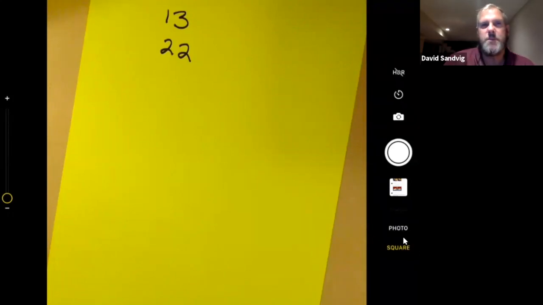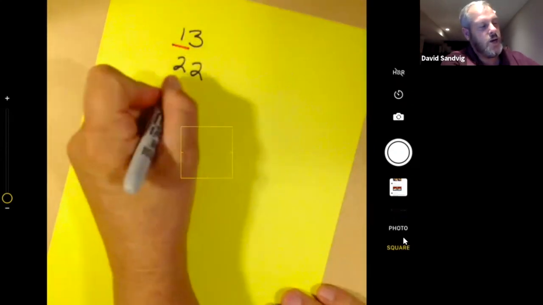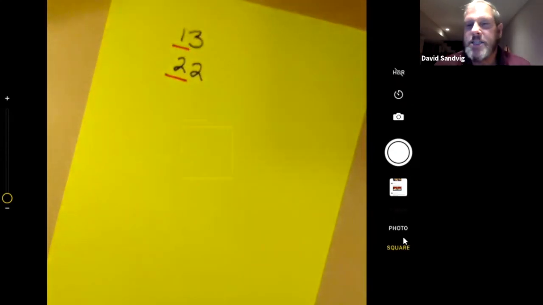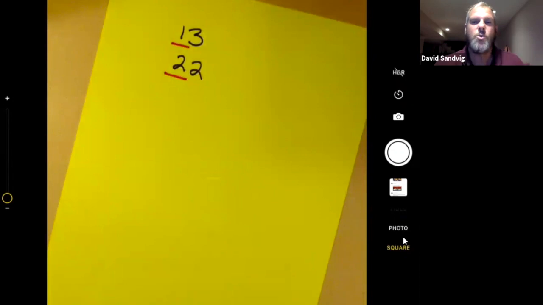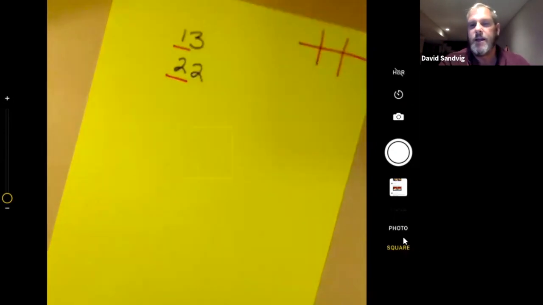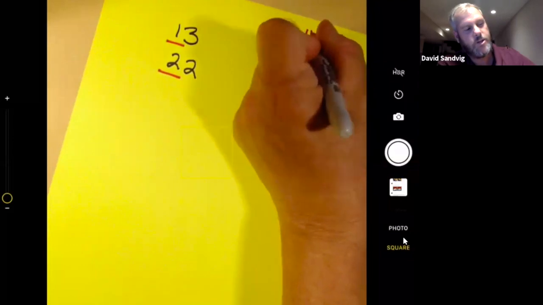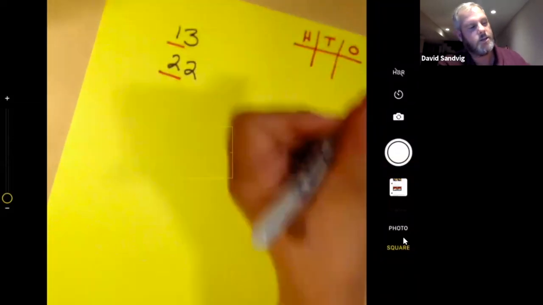Looking at these two numbers, let's go ahead and round them to the tens place. When we round to the tens place and you're doing it on paper, your first step is to underline the tens place. If you don't remember which one is the tens place, you can always draw out a template or a diagram to help you: hundreds, tens, and ones.